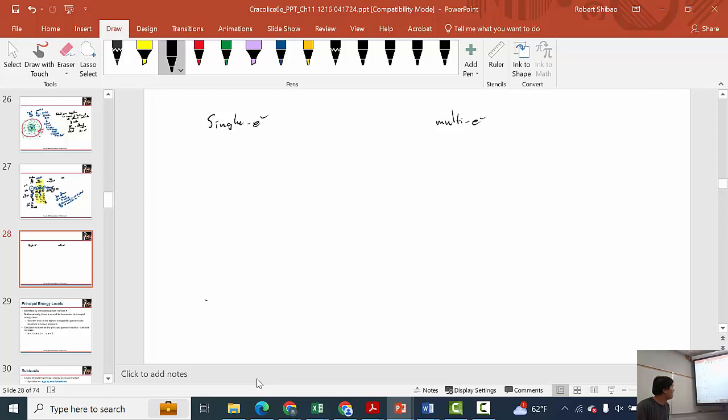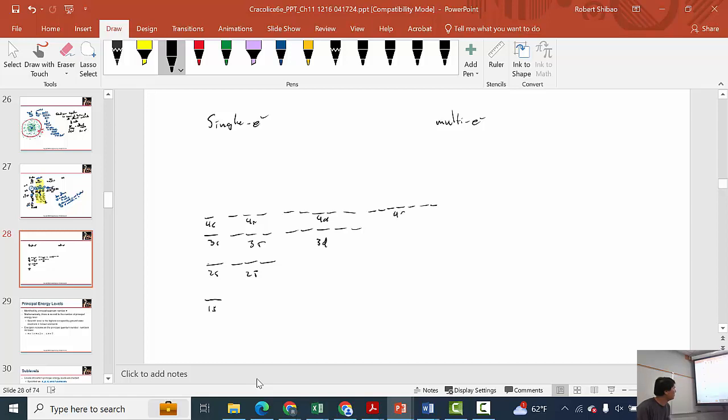If we have a single electron, then the 1s, the 2s, the 2p's, 3s, 3p, 3d, 4s, 4p, 4d, 4f. 4f is going to have 7 lines.